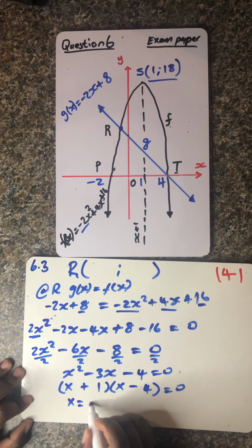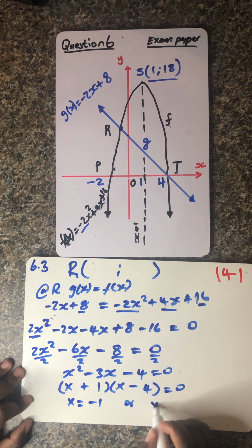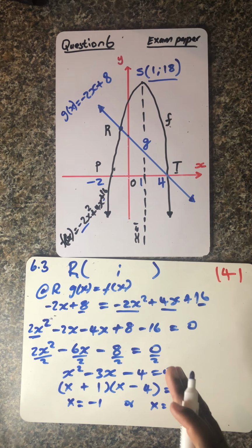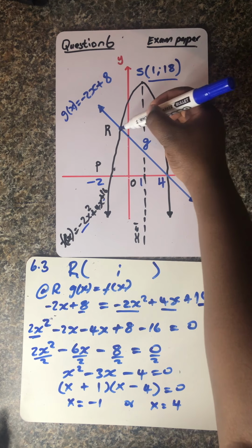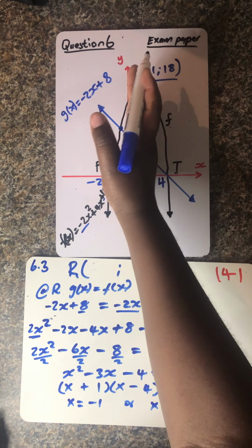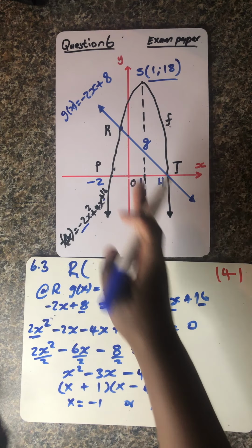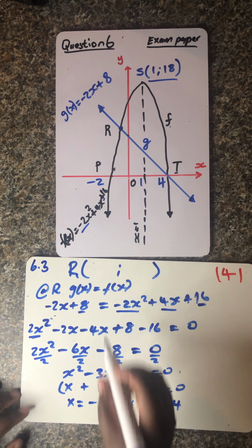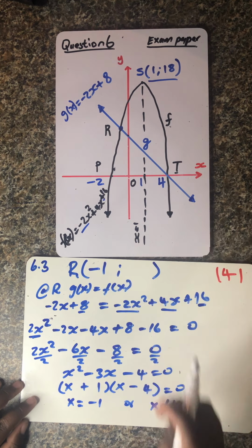So that means x is equal to -1, or x is equal to 4. Very, very important, ladies. So obviously, guys, because that point R is on the negative side of the x-axis, it cannot be that number. So that means x is equal to -1.